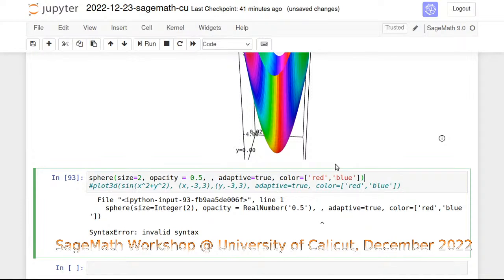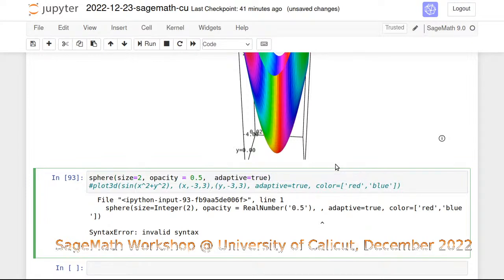But somehow these commands are created by different people. The sphere command is created by some person who wrote the code for that. Plot3D might have been written by someone else, and it might have been modified as well. So the sphere command was written by someone else, and they didn't consider this color option to be given as a list, and the adaptive thing also.